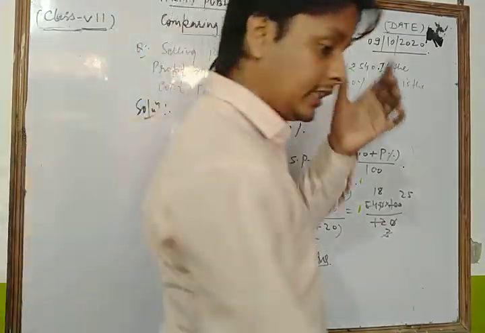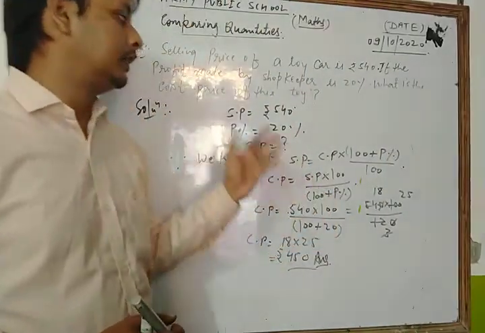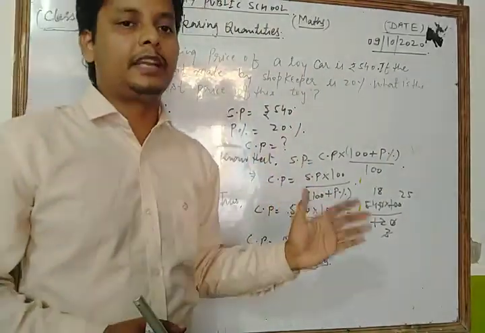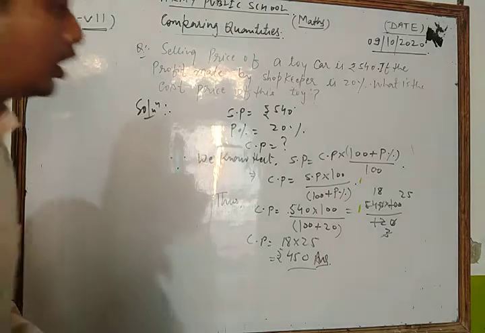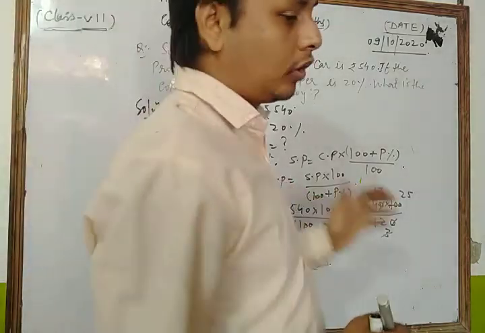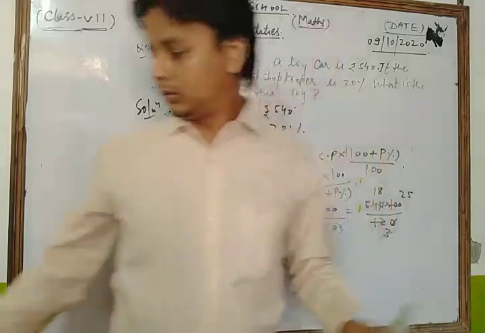Thus, dear students, in this way, by the help of this formula, we can find the cost price or selling price of an object. Now, dear student, we take and solve some other questions of your NCERT exercise based on that topic. Let's see.